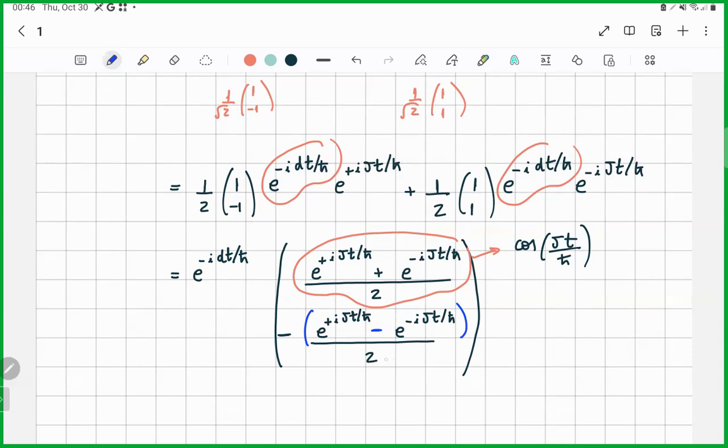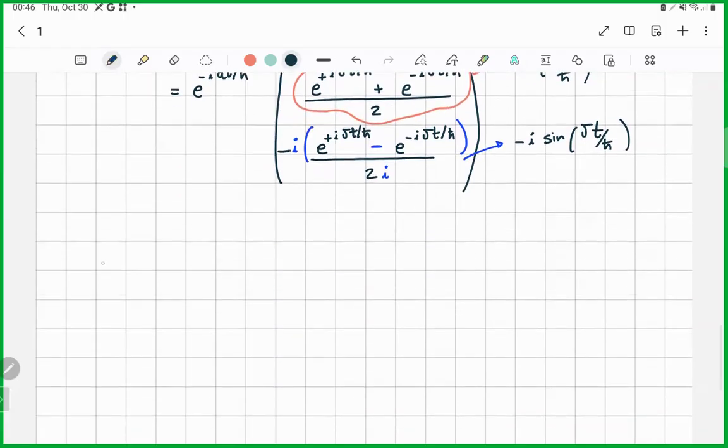I need an i here, so I'm going to add this i here and put it back here. So you see that this top term that we have is minus i sine jt over h bar. Okay, so we put our function, our evolved state in a very nice form.